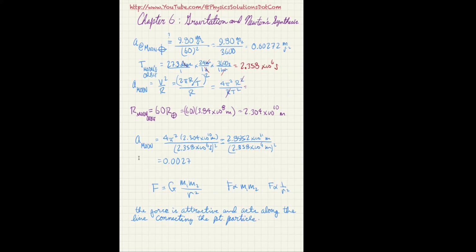So in other words, if you imagine M1 and M2 are points, then if you drew a line from one of those points to the other point, the force would be parallel to that line, and the force on M2 would pull it towards M1, and the force on M1 would pull it towards M2. So he gave us enough to not only tell us how the force depends on masses and distance, but he also gave us a direction for it.